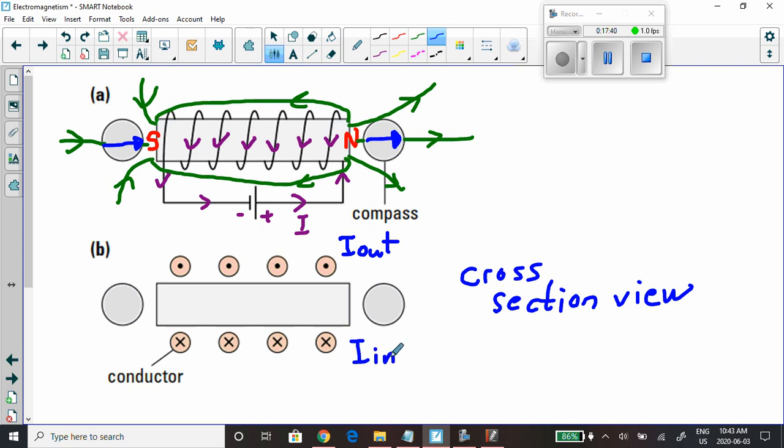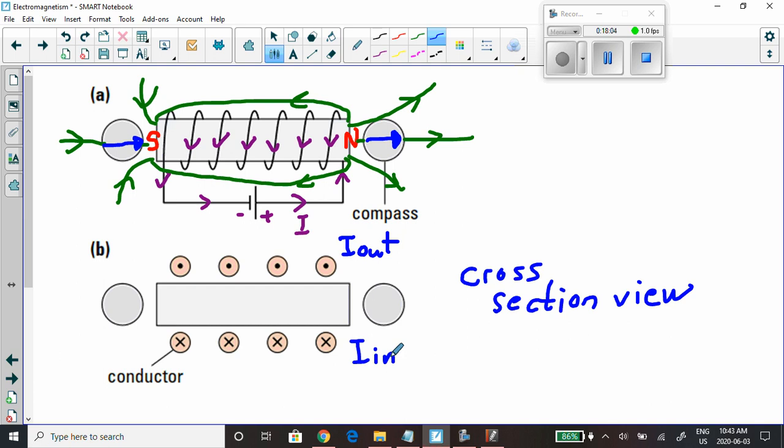So now you've got to get your fingertips to curl like that. They've got to go out at the top, and at the bottom, your fingertips have got to point by going in. So the only way I can do that, have my fingertips go out towards me at the top, out of the page, then curl down, and then at the bottom, twist them to curl into the page.